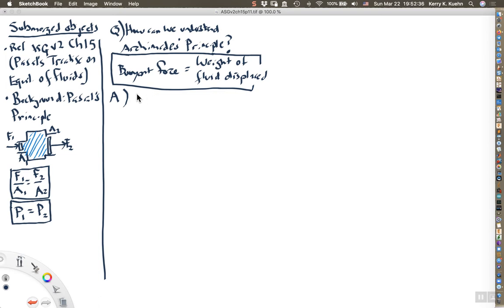And in order to understand this, you have to recognize that when you have submerged objects, the fluid in which it's submerged exerts a force on every face of the submerged object.